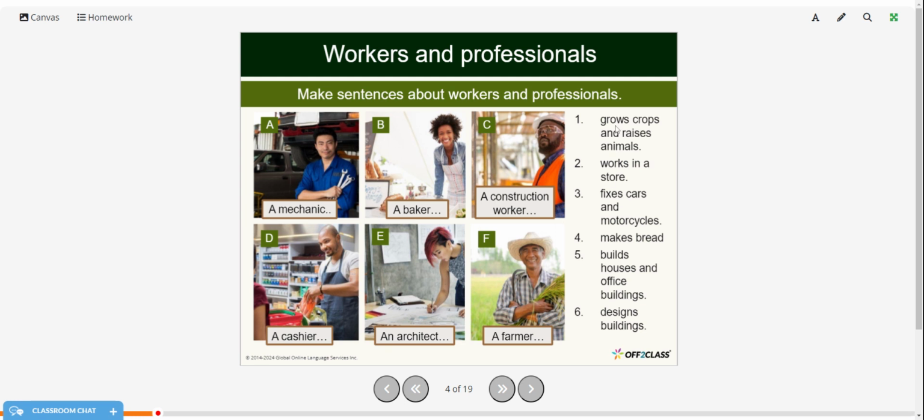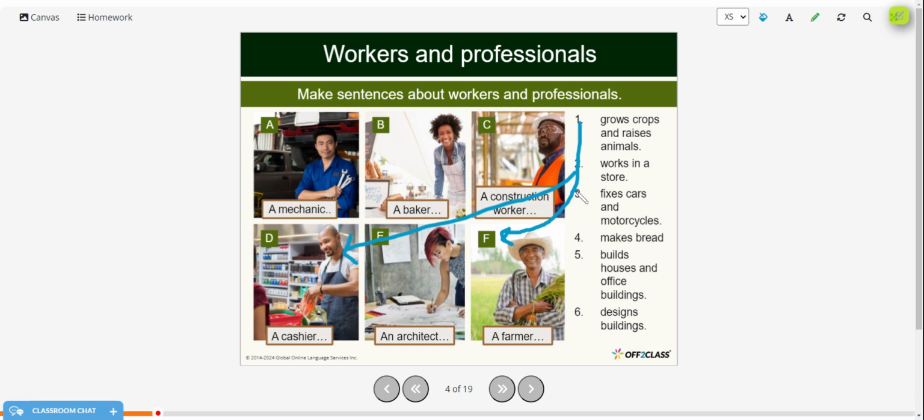Okay, so for number one, a farmer grows crops and raises animals. So one would match with letter F. Number two, a cashier works in a store.